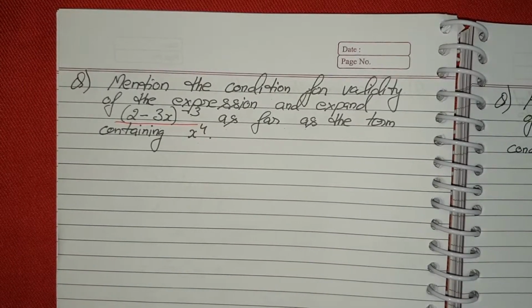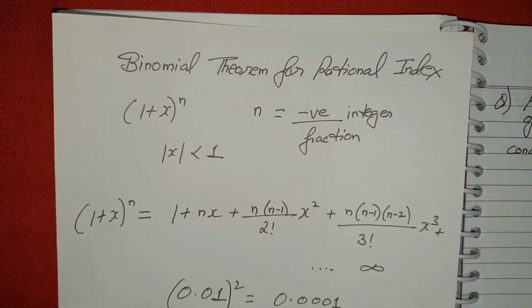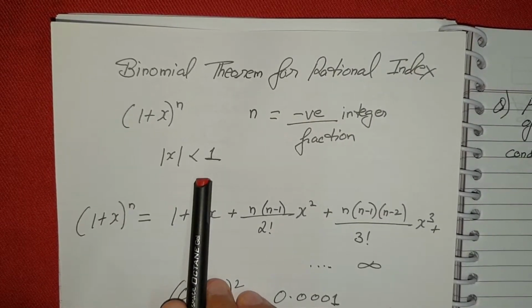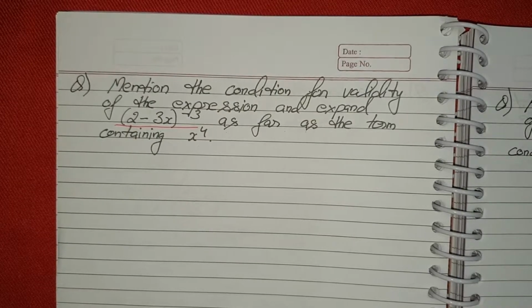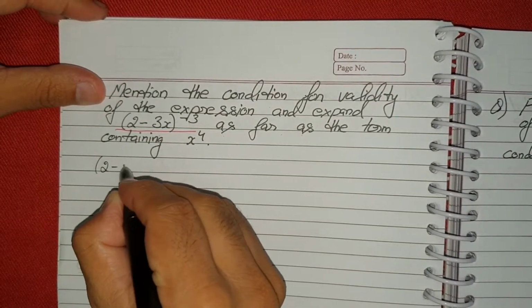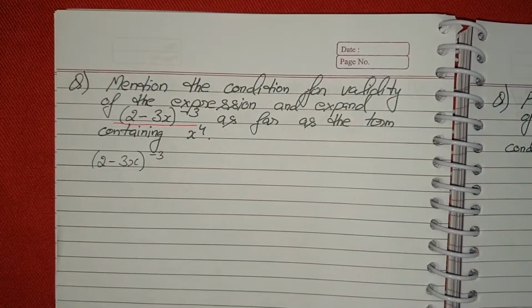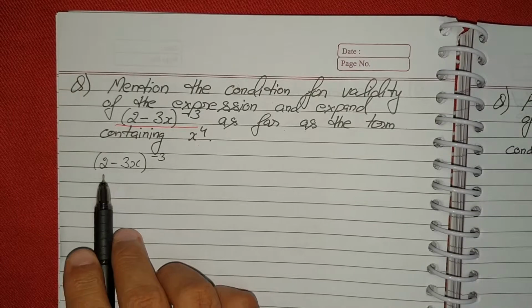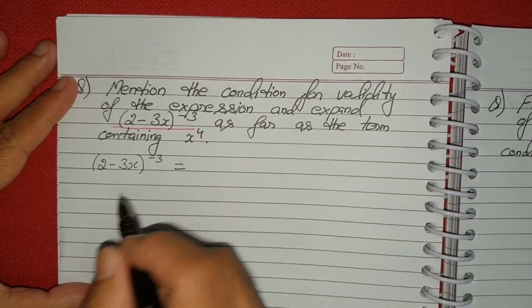Now see, according to the theory, modulus of x should be less than 1. So what we have to do is take that thing common. So 2 minus 3x to the power minus 3, we can take 2 common from here.